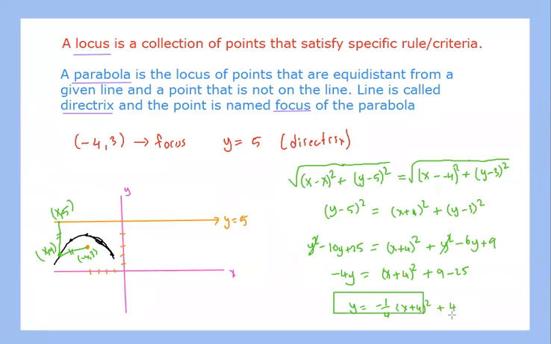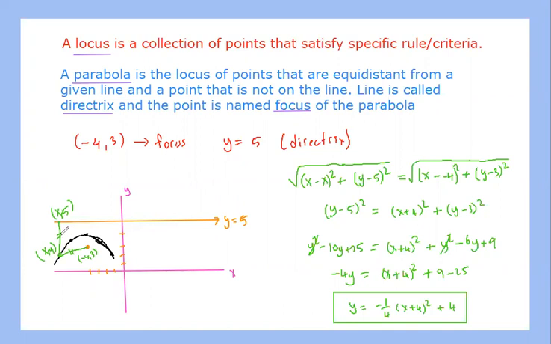Again, it does look a bit complicated. The goal is just to find the directrix of the parabola and the focus of the parabola, and then use the definition. The definition says any point on the curve will have the same distance from the focus as from the line.